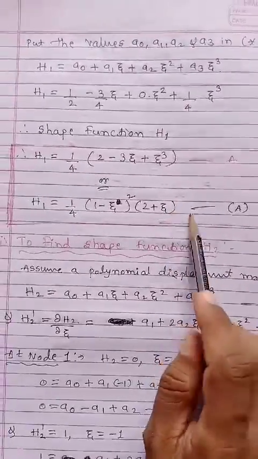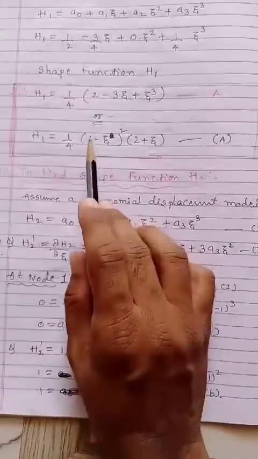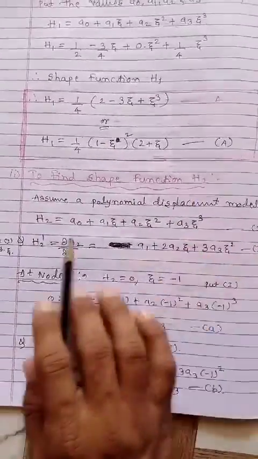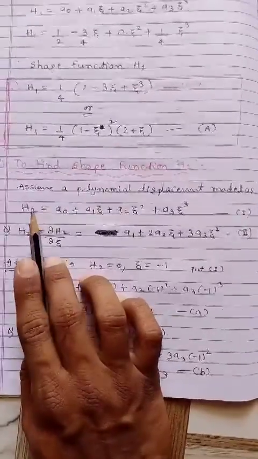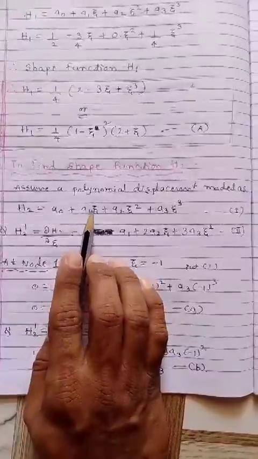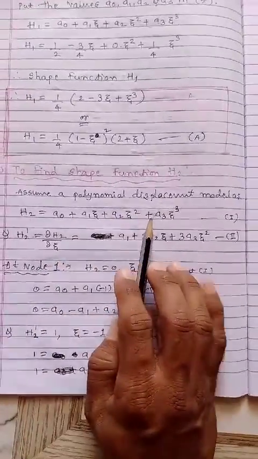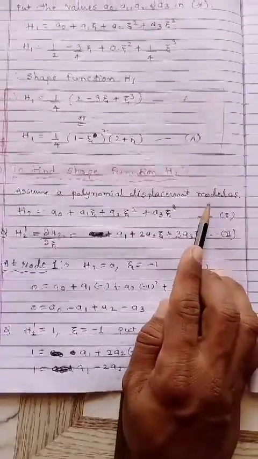Now similarly, to find the shape function of element 2, that is H2, assume again a cubic polynomial H2, the Hermite shape function of element 2: A0 plus A1 zeta plus A2 zeta square plus A3 zeta cube. Previously I called these star and double star.